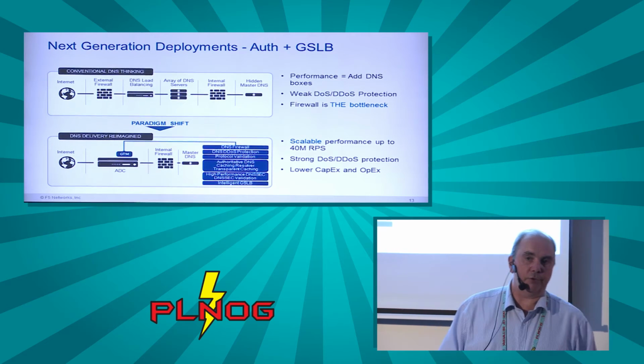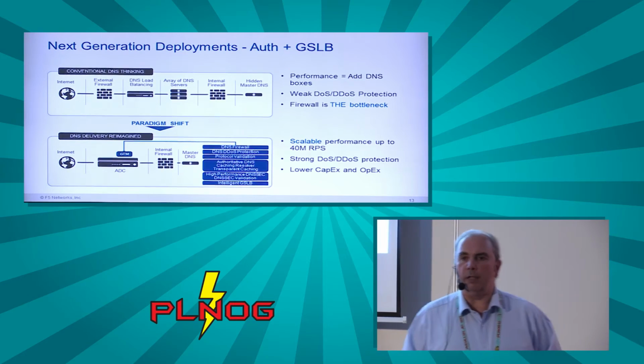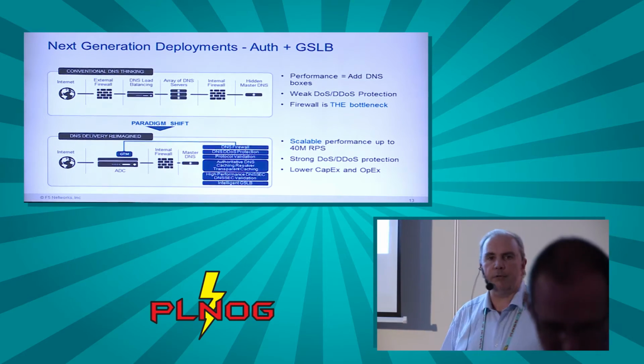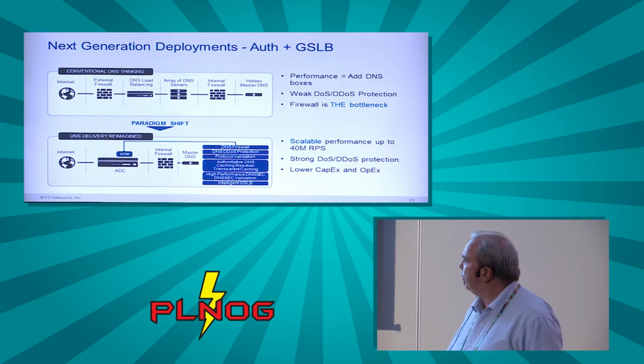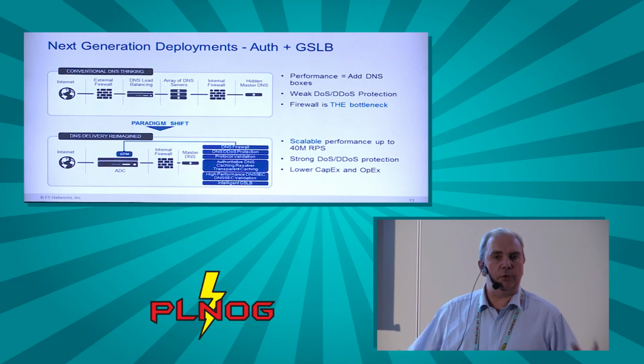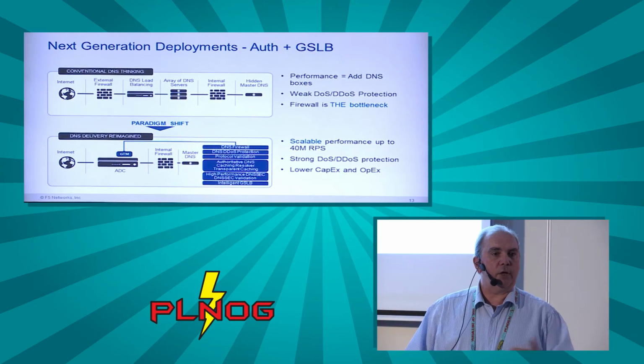So where you would have a traditional firewall, load balancer, and DNS servers, those all become one. You still keep your hidden master in the back end, that's a given, and your management side of it. But predominantly, what this is saying is that you can consolidate. If you can consolidate that environment, then the scale starts to become realistic.